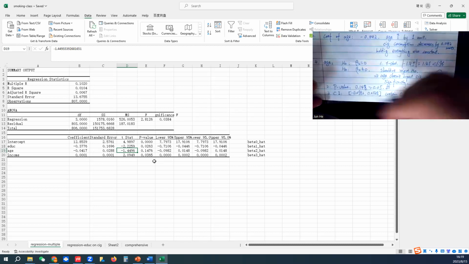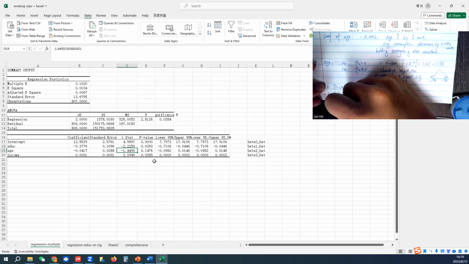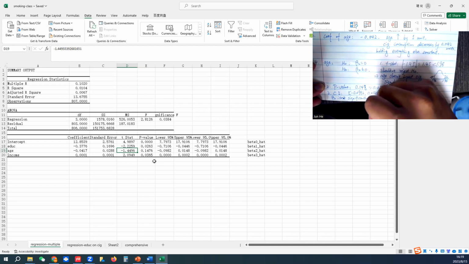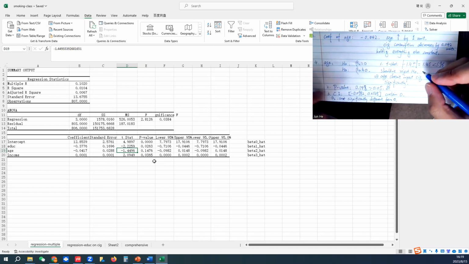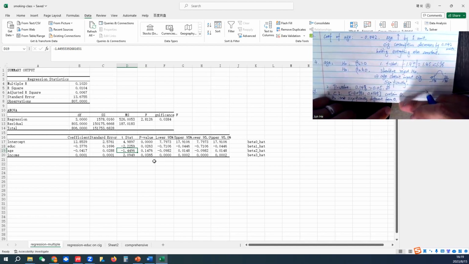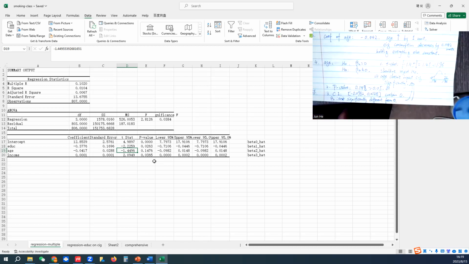Again, the conclusion is beta 2 therefore isn't significantly different from 0, because in your 95% confidence, 0 is in there. Okay, and we have the same conclusion that age doesn't impact cigarette consumption significantly.